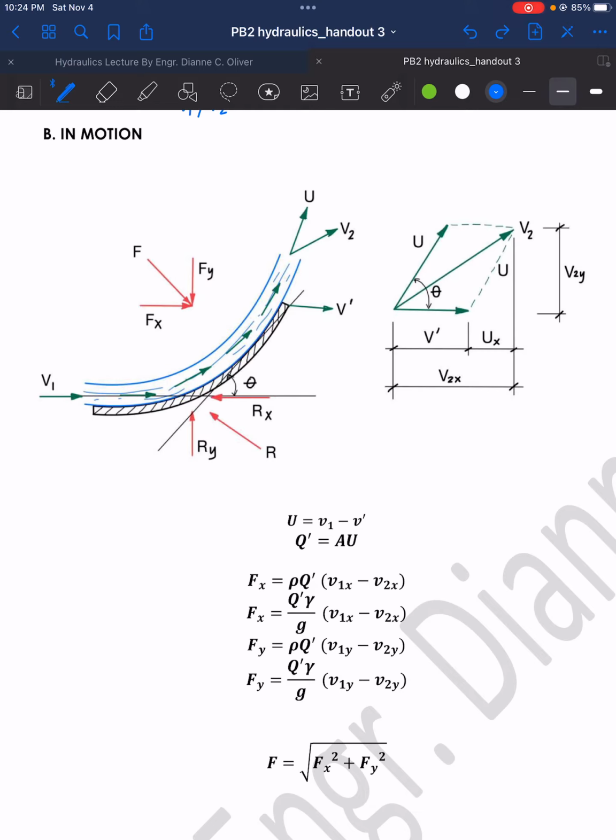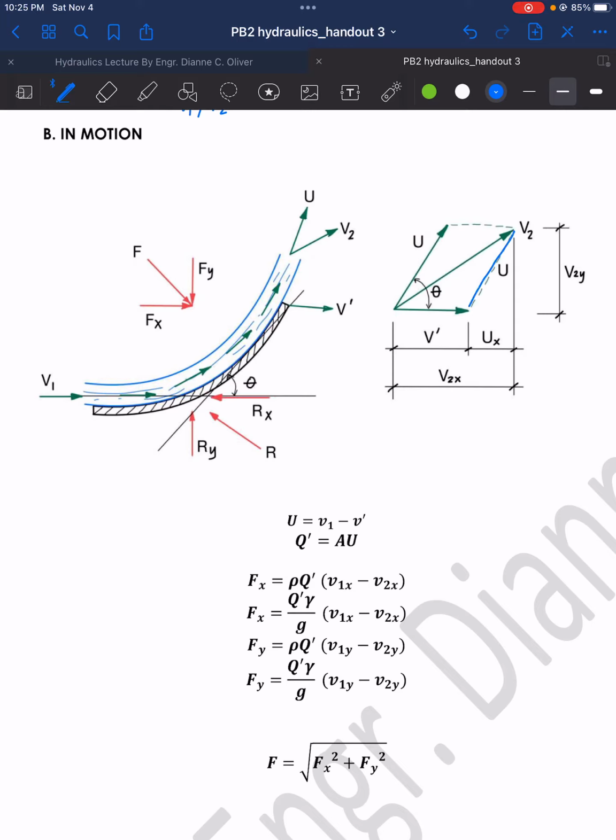So remember that the angle of curvature or inclination of this vane, theta, pertains to the u. So we form here a parallelogram. Since this is a parallelogram of force, the u here is the same value as the u at this point.